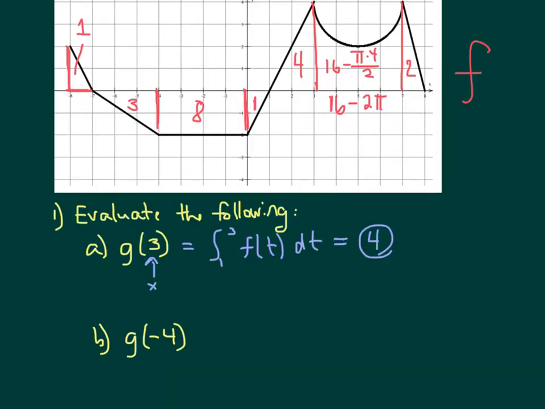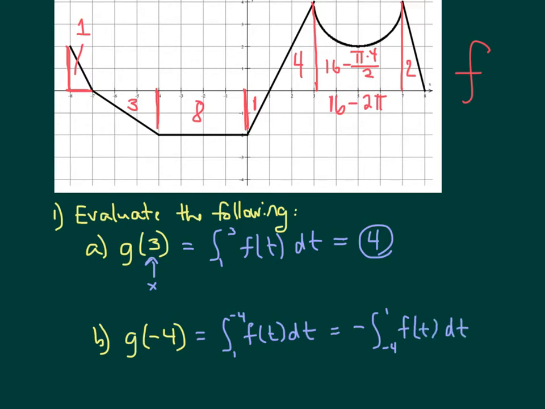Okay, the second one is g of negative 4. Again, let's plug in our negative 4 in place of x. So it is the integral from 1 to x, so that's where our negative 4 is going to go, of f of t dt. Obviously I don't like the way this is written, so I'm going to rewrite it as negative the integral from negative 4 to 1 of f of t dt.